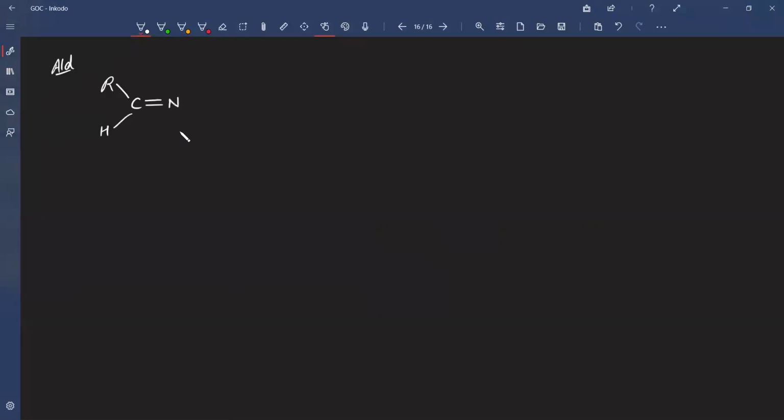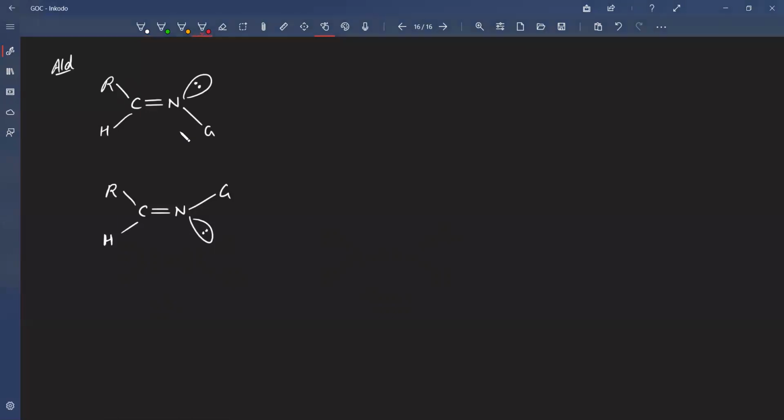Double bond N, then that N can have a lone pair here and a group here. Or when you have R, C double bond N, now group here and lone pair here, and here H. So you have to observe H and G, that is hydrogen and the group.